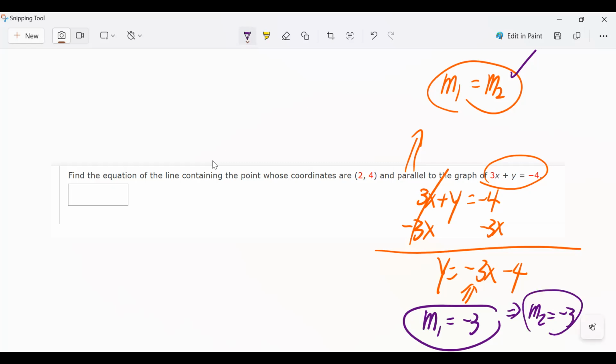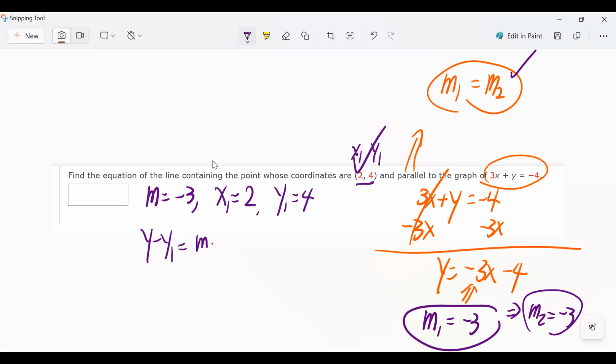We also know this parallel line passes through (2, 4), so m equals -3, x1 is 2, and y1 is 4. We're going to use the point-slope formula: y minus y1 equals m times (x minus x1). Plugging in the numbers, y minus 4 equals -3 times (x minus 2).